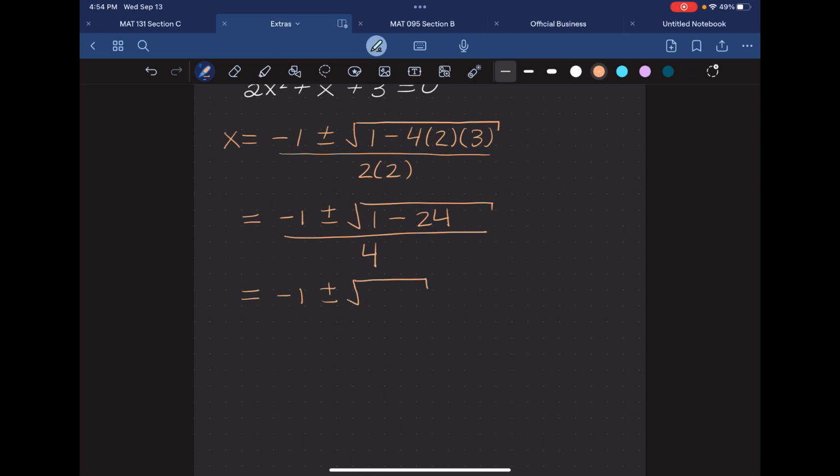I have the square root of negative 23 divided by 4. And if we're just working with real numbers, we'd say that we can't take the square root of a negative number, right? Because we would need a number multiplied by itself giving us a negative number, which doesn't make sense in the context of plain old real numbers. So then complex numbers come into play.